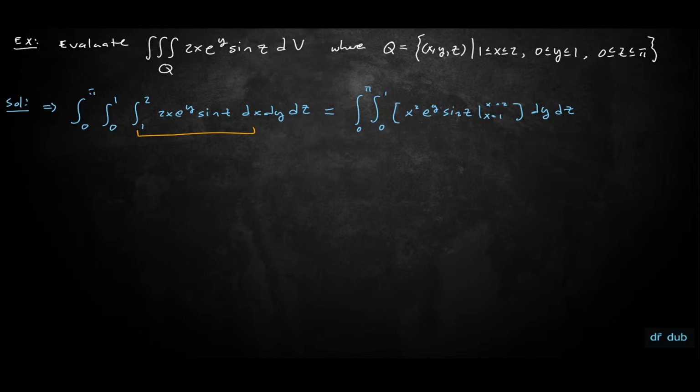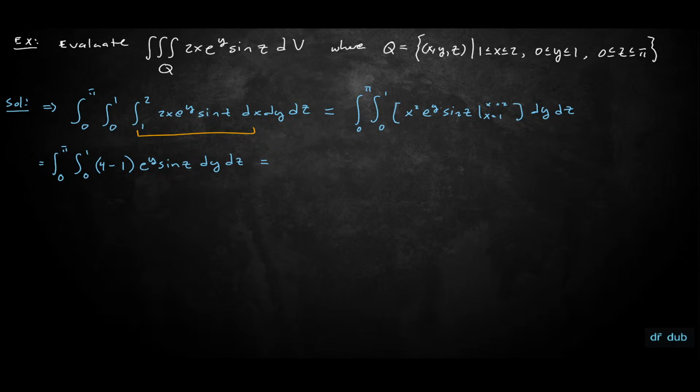Then plug in those bounds for x. So this is the integral from 0 to pi for z, integral from 0 to 1 for y, and if I plug in x equals 2, I get 4, minus 1 squared, which is 1, times e to the y sine of z, dy dz.